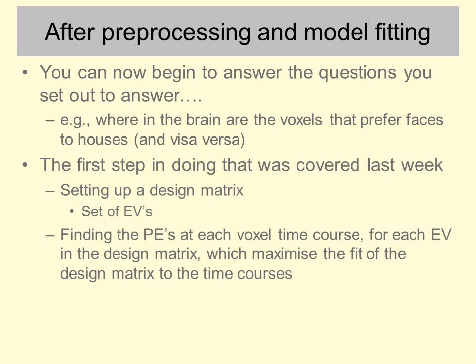So as I said, we covered the model fitting last week. We set up a design matrix based on the time course of the face stimuli and the time course of the house stimuli, and we found the parameter estimates for each voxel for each explanatory variable in the design matrix, maximizing the fit of the design matrix to each voxel time course.